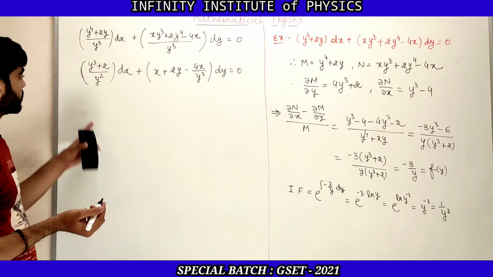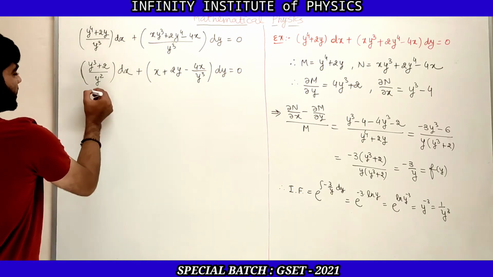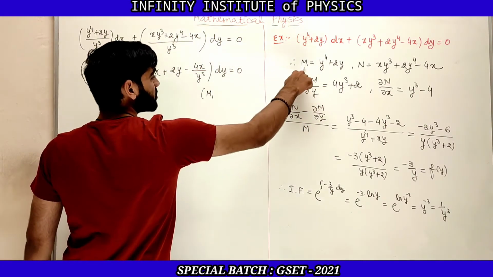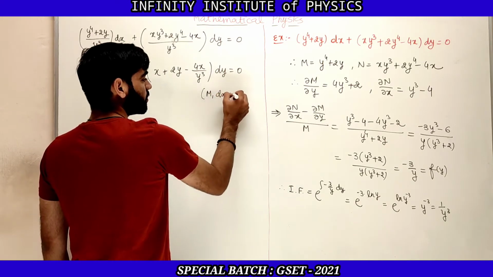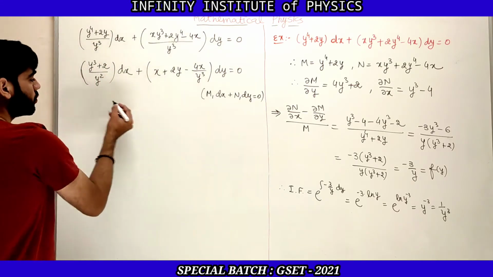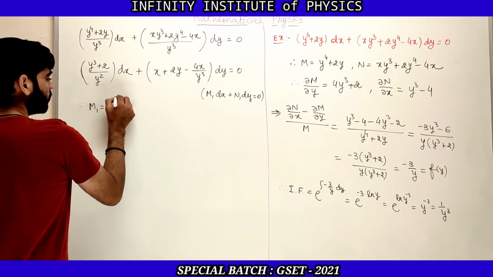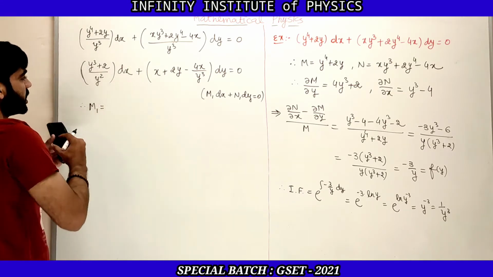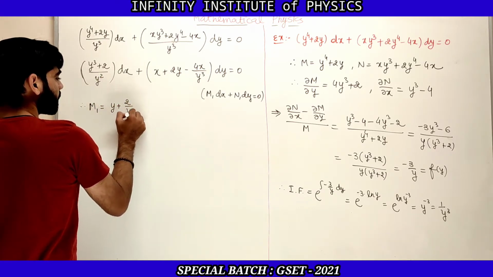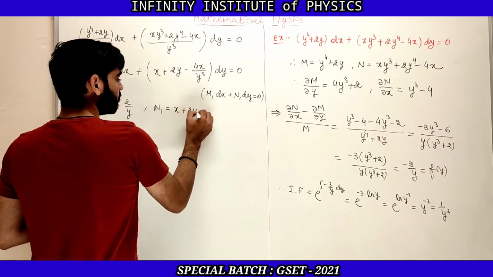And now this is the term m dx, or let us say m1, because we have already said m, then m1 dx plus n1 dy is equal to 0. So now m1 is equal to y plus 2 by y square, and n1 will be x plus 2y minus 4x by y cube.